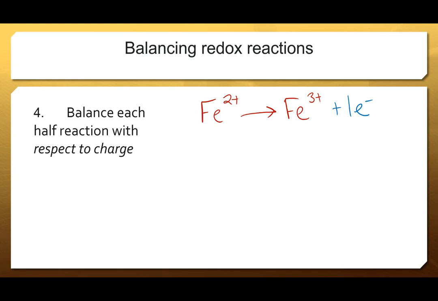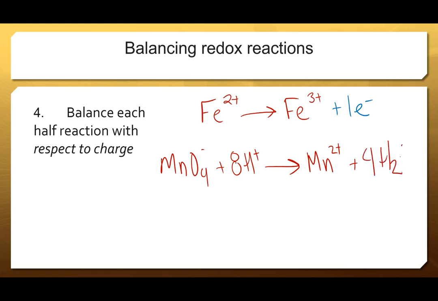For the other one, of course, that one's our messy one, so it'll take a little bit more thought. We've got manganese oxide plus 8 hydrogen ions. We'll produce manganese with a 2+ and 4 molecules of water. Okay. So here we're going to focus on the manganese when we focus on the transfer of electrons.